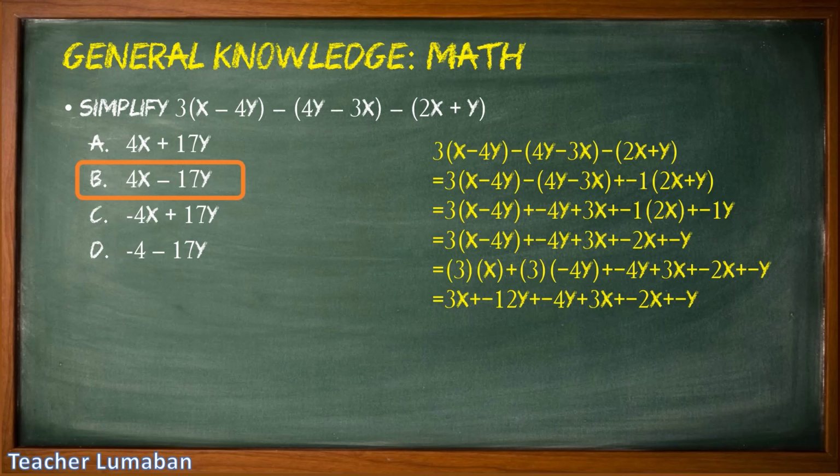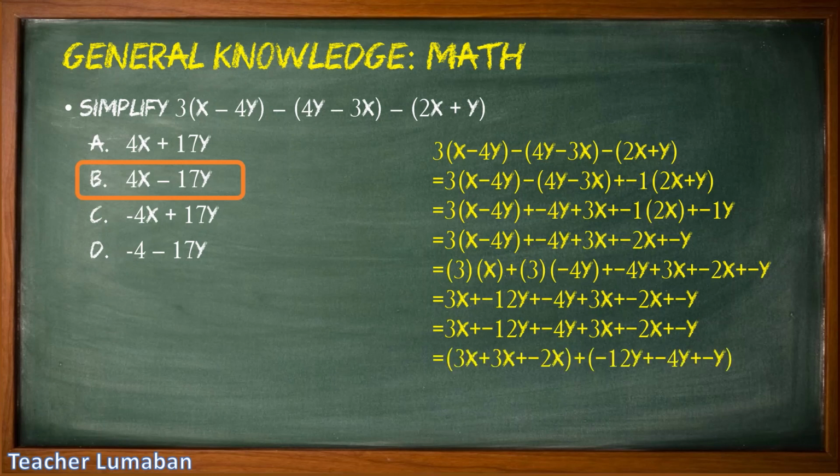Combine like terms. Equals 3x plus 3x plus negative 2x, plus negative 12y plus negative 4y plus negative y. Equals 4x plus negative 17y. The answer is 4x minus 17y.